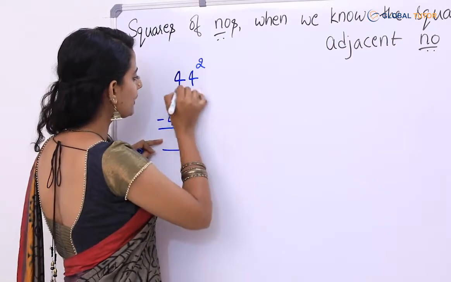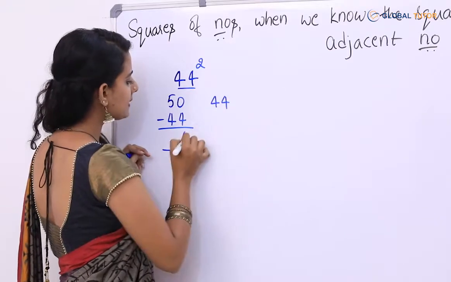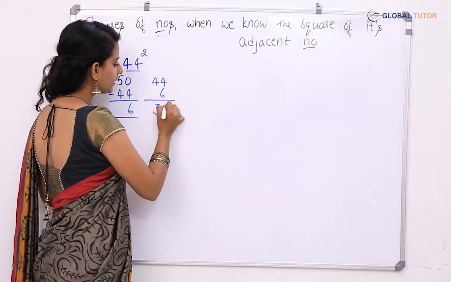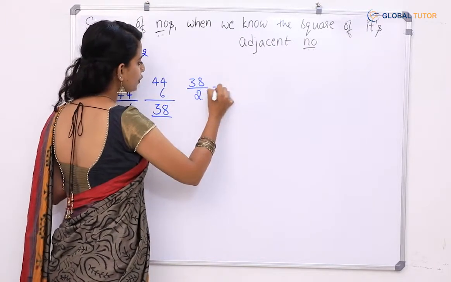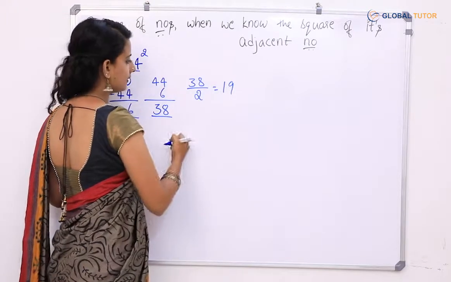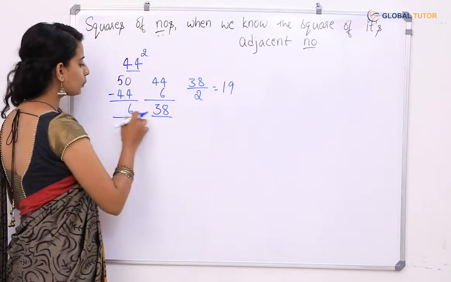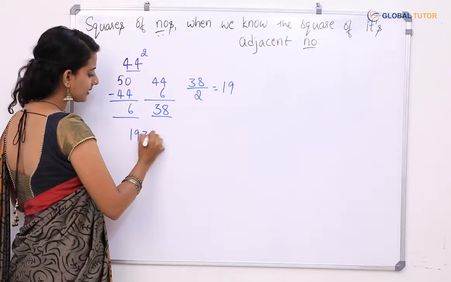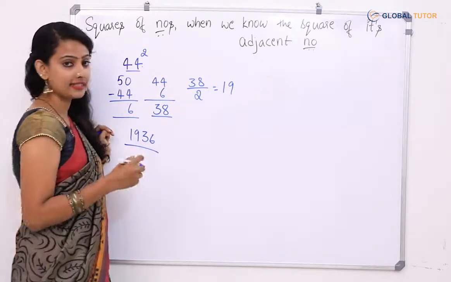Now, because the given number is lesser than 50, we will subtract 6 from 44, which will be 38. Now, find half of 38, which will be 19. So now we will write 19 and then the square of this difference, which is 6. 6 sixes are 36. So 44 square is 1936.